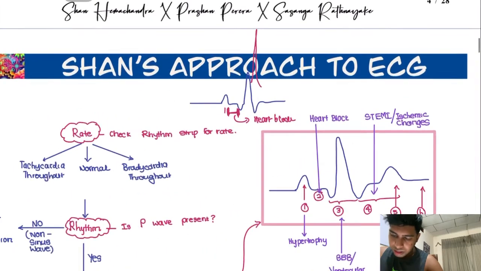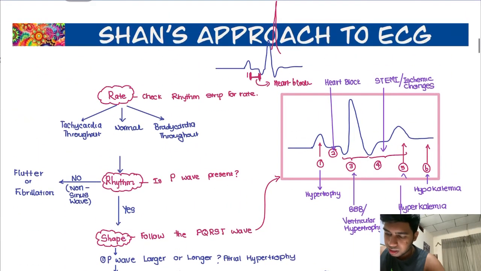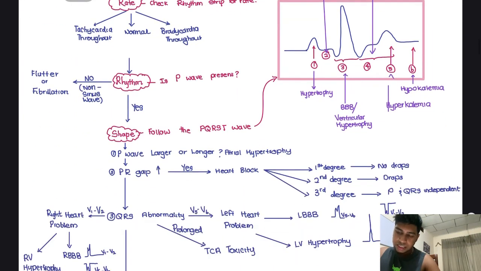Hyperkalemia. A rare condition. You will not be asked in the 4th year to check those questions. And if you find a U wave, that could be a hypokalemia situation. This is all you need to know for ECG.